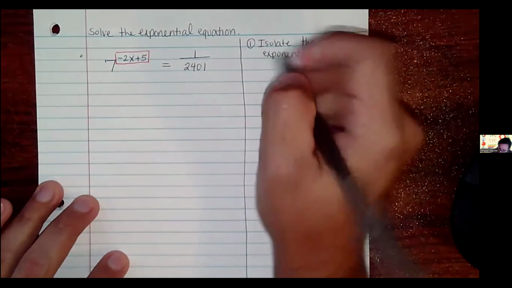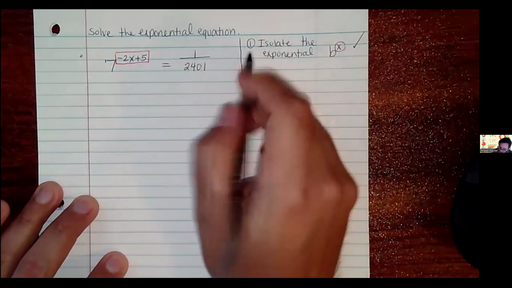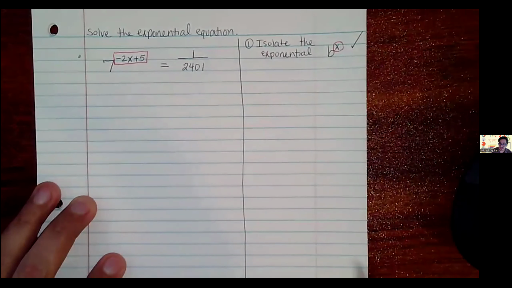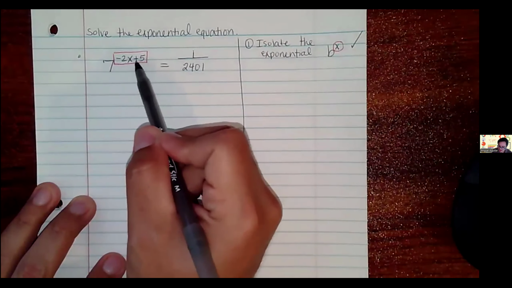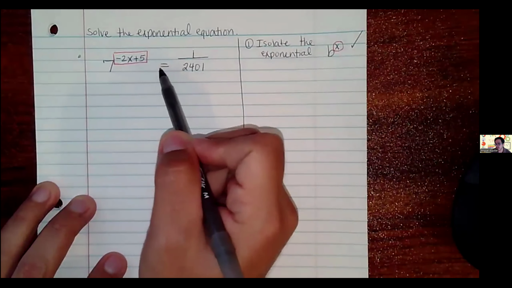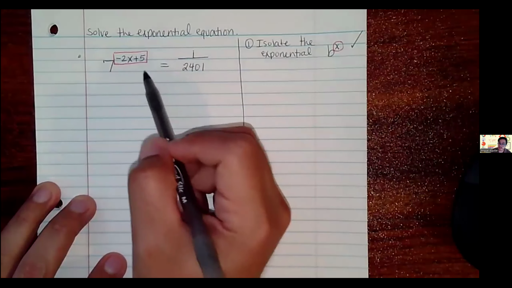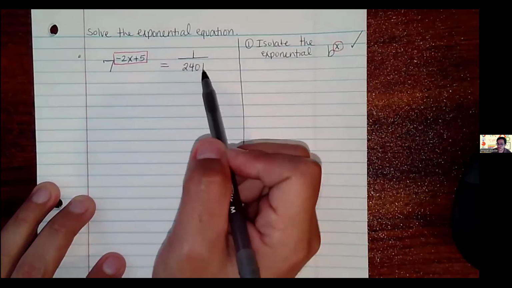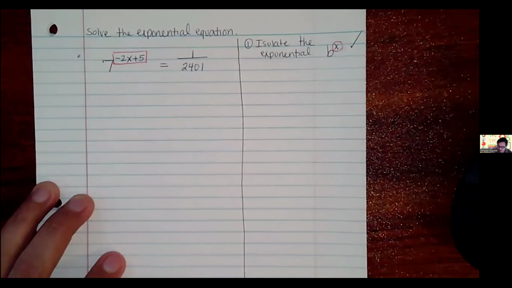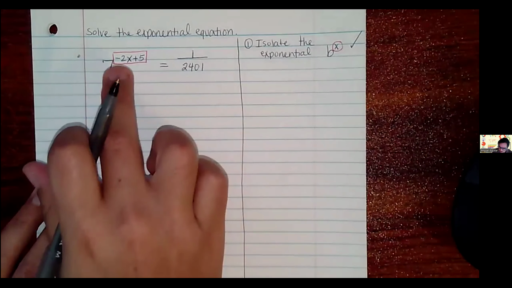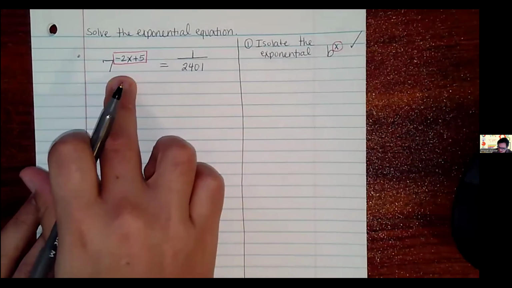So if that's the case, then really we're done with step one. We didn't have to do anything to isolate the expression here. But if I had 7 to the negative 2x plus 5 power plus a number, then I'm going to have to subtract that number over to the other side or maybe add a number to the other side. And we'll see an example like that shortly. But make sure that this term is isolated before we start.